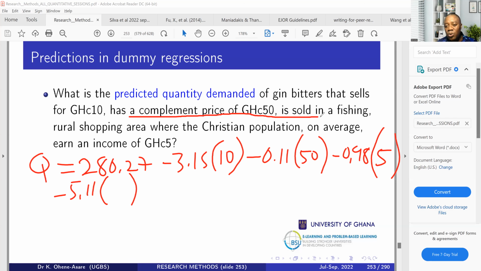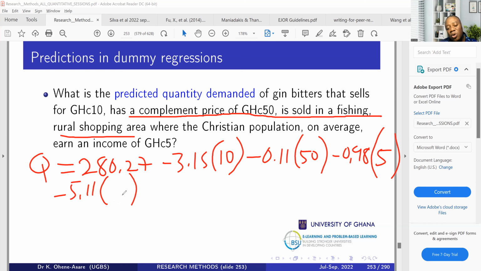It is sold in an efficient rural area. Because it's in a rural area, it means that it's not urban. So our value for urban is a dummy. Will it be 0 or 1? These people are in a rural area, but what we have here was location urban.